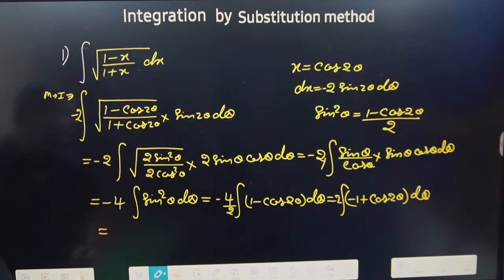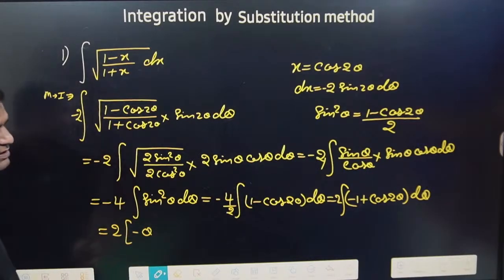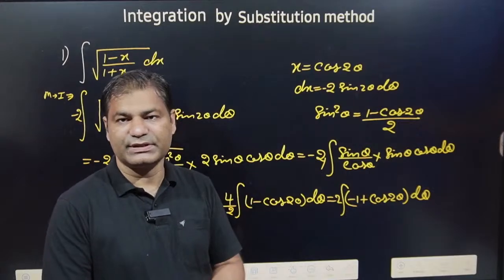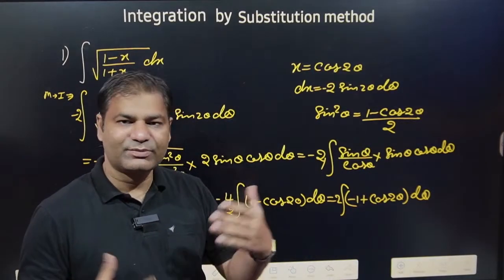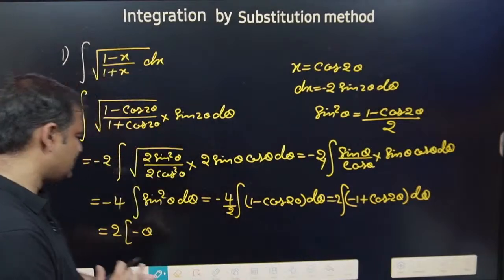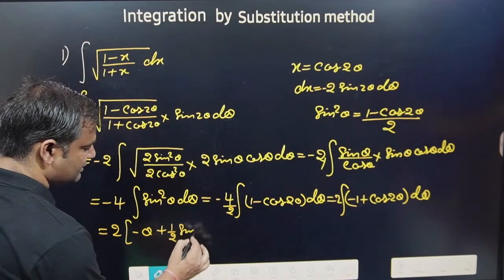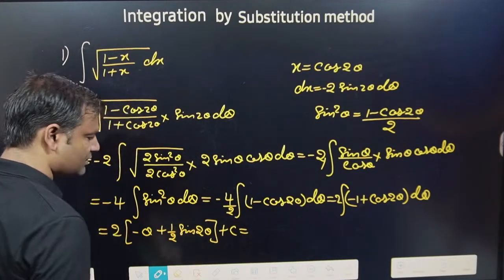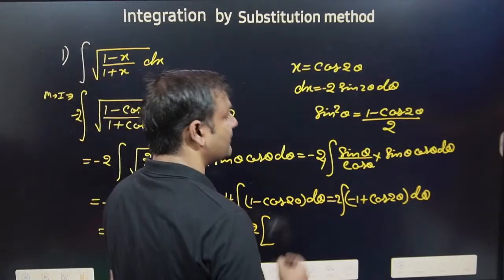After that, integration of minus theta, integration of 1 minus cos 2 theta with respect to theta, so you can say simply minus theta. And here integration of cos 2 theta is sin 2 theta by 2, that is 1 by 2 sin 2 theta, plus c. So after that, look here very carefully, what about theta?